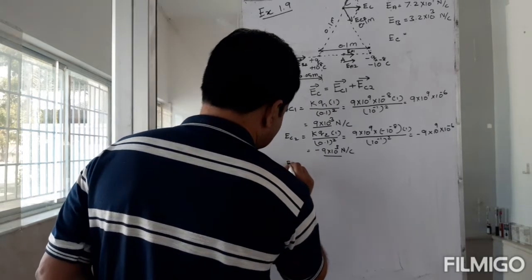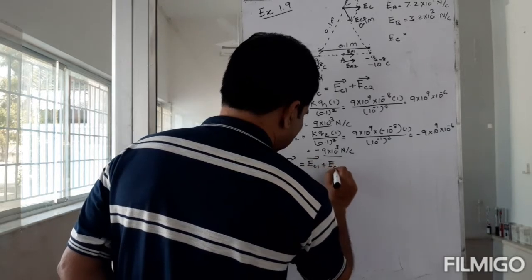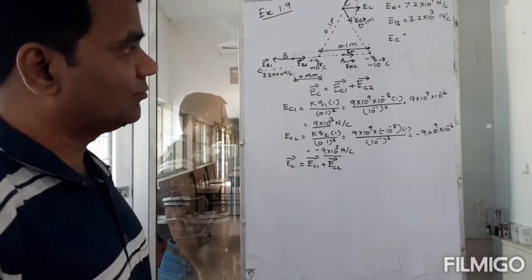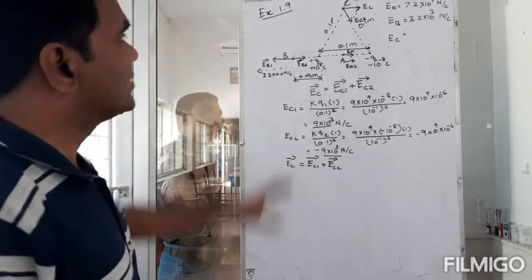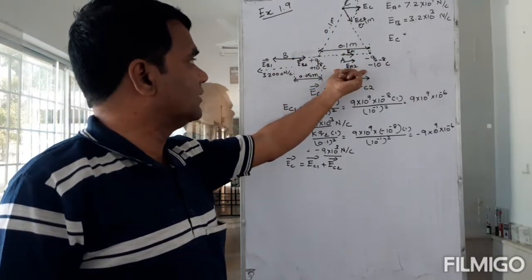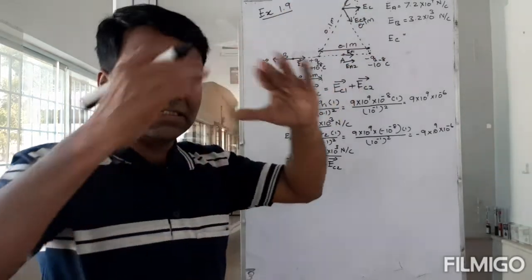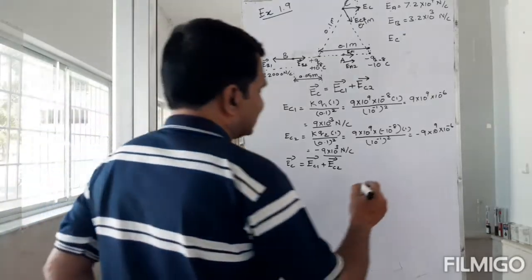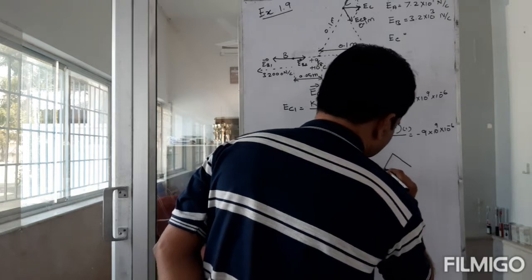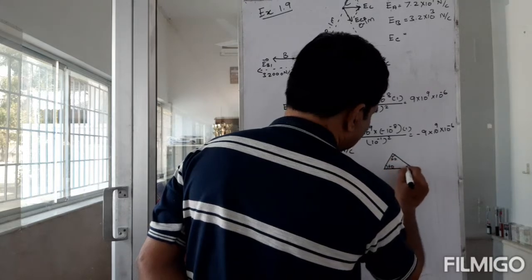So EC is equal to EC1 vector plus EC2 vector. Now how do I add them? You see, it's an equilateral triangle. The distance between these two points is 0.1, and this is 0.1, so it's an equilateral triangle. So this is 60, this is 60, and this is 60.